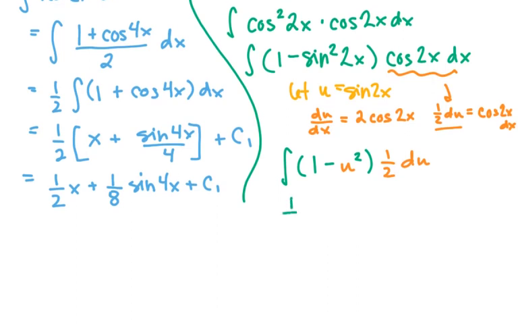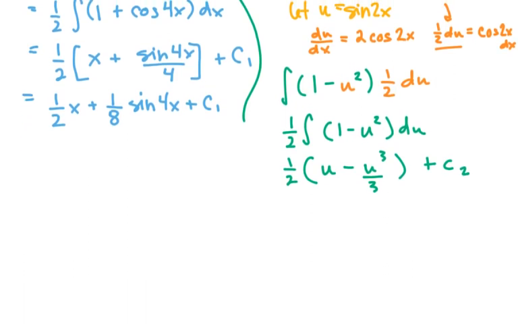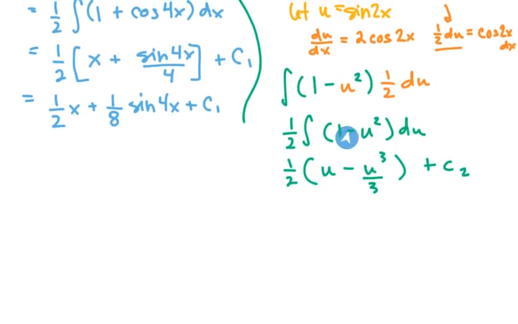I have 1/2 the integral of 1 minus u squared du. Using my power rule, I'll get u minus u cubed over 3 plus c. And since I have multiple c's, I'm going to call this c sub 2. So remember, u is equal to sine of 2x.